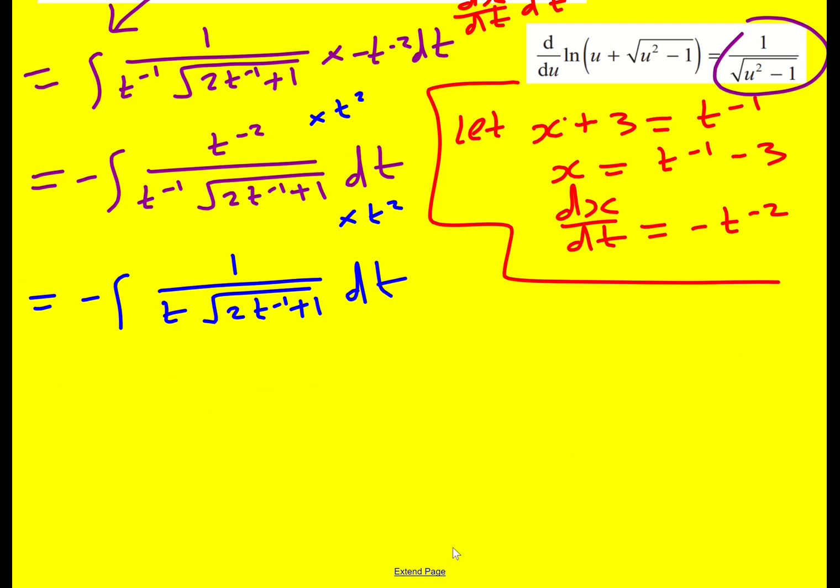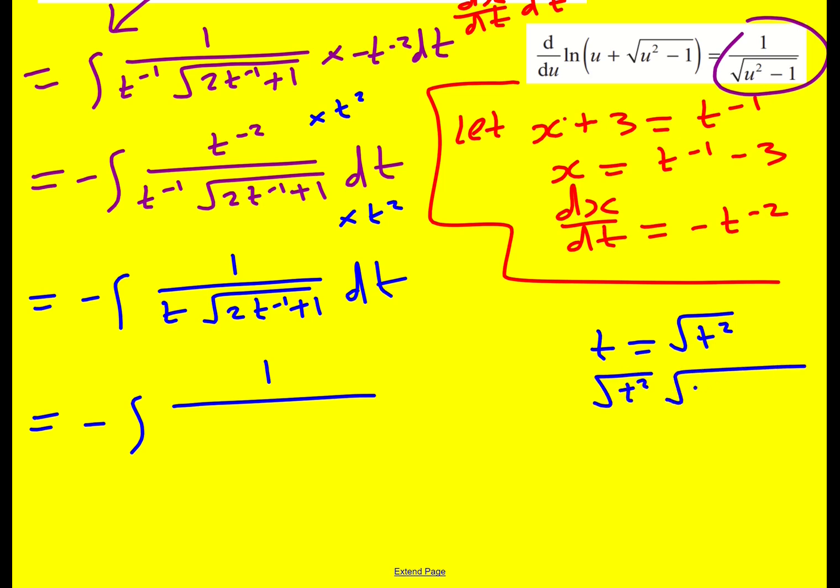It's still not quite looking how I want it. There's a single root here, so I'm going to need to bring that t inside the root. I can write t as root t squared for the purposes of this, so I can combine it. Then that will mean I'm doing root t squared times 2t to the minus 1 plus 1.